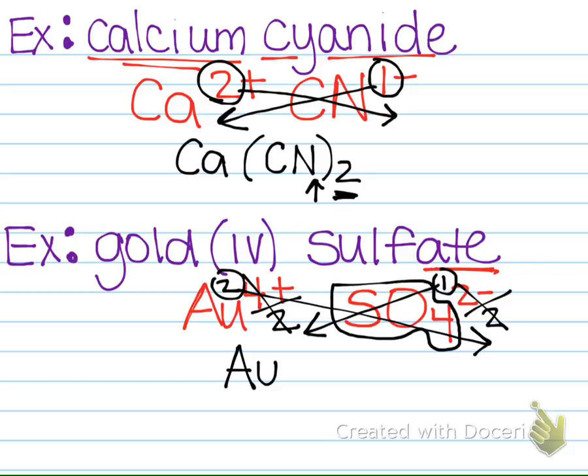But again, you're crossing down a number larger than a 1. So, (SO4)2. So here's a prime example of why we need the parentheses as well. Not only does that 2 have to apply to both the S and the O, but look, you don't want the 4 and the 2 right next to each other. If you didn't have the parentheses, it'd look like 42, and that wouldn't look right.